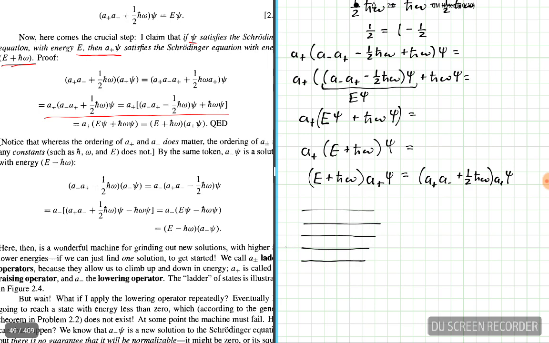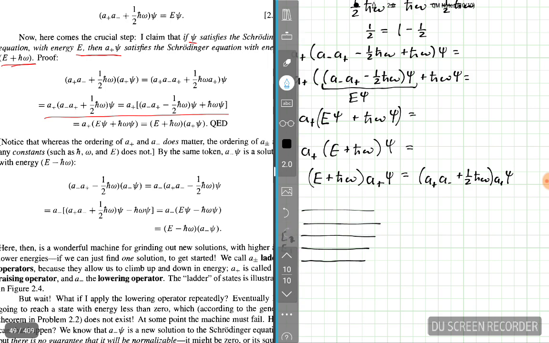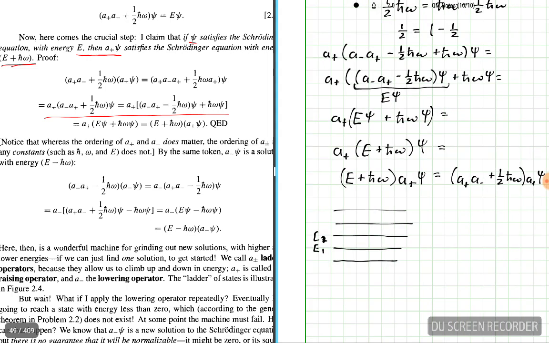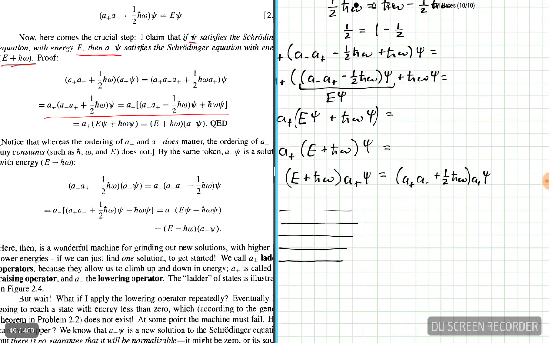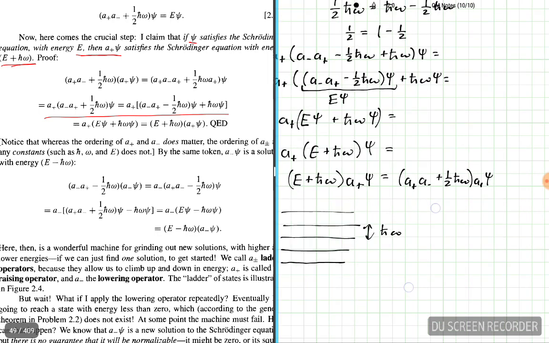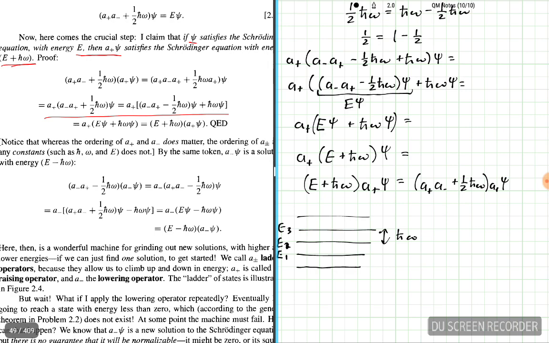So I could have energy 1, energy 2, energy 3, and so on. And the space between each one of these energies is h bar omega, omega being the angular frequency of the oscillation.